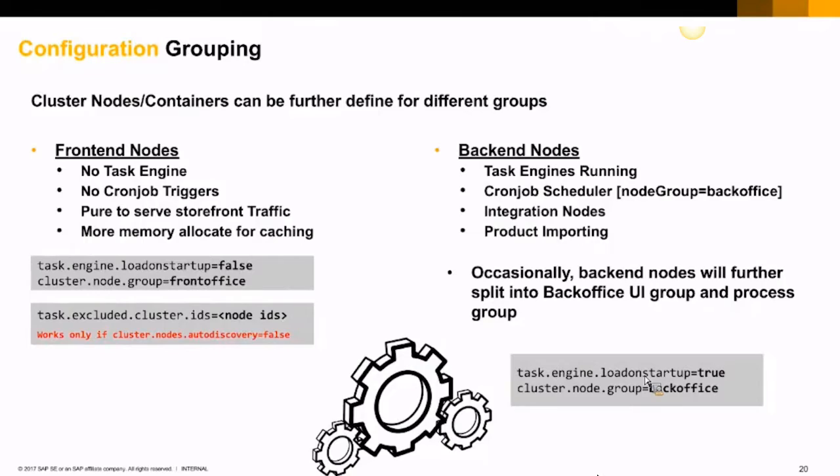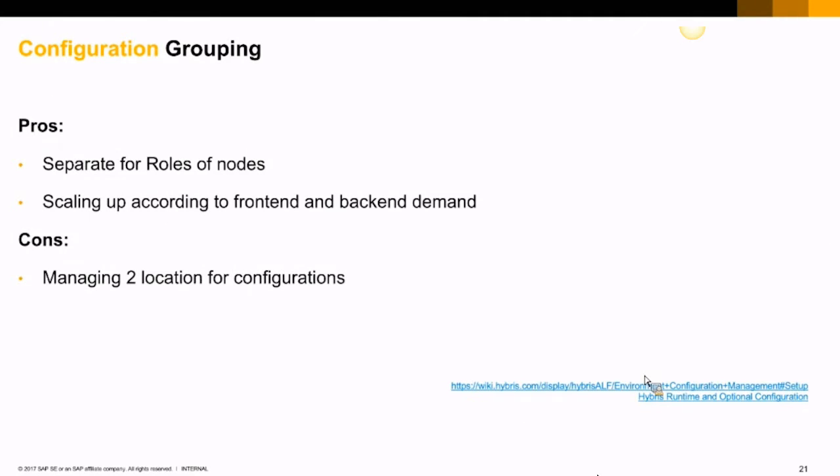This is quite typical for some customers having a large set of products, when the synchronization or the Solr index tasks are quite high on the system capacity. So with the configuration separations, it's easier for us to divide the nodes into different groupings.